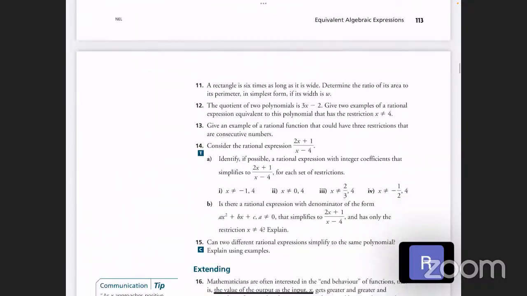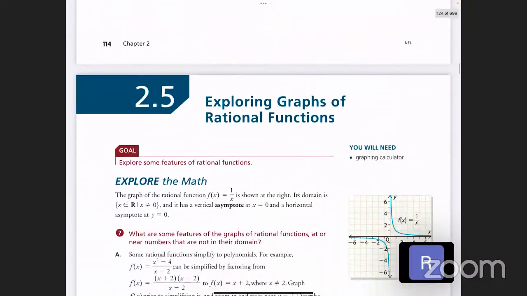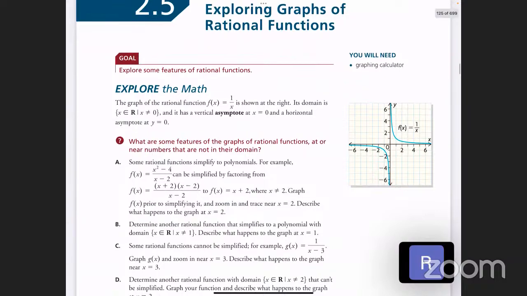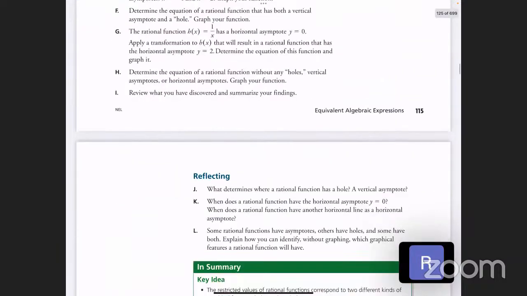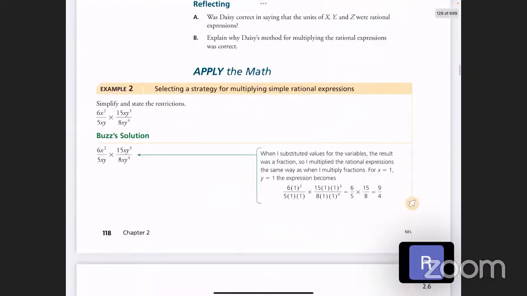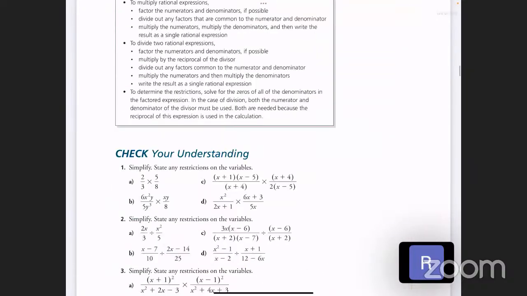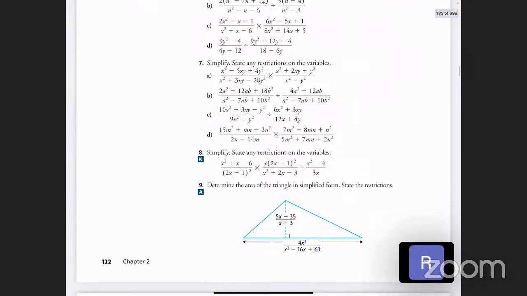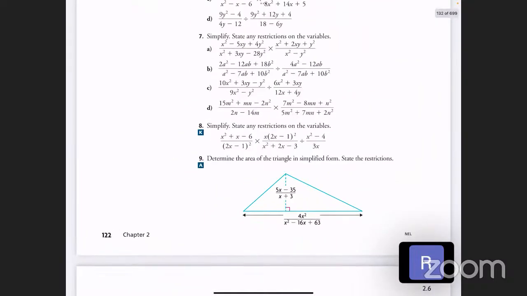Okay, we're going back to the multiplication. This is exploring graphs of rational functions. We will come to it later. It's not a big deal in grade 9. So let's go back to multiplication, division, and word problems.